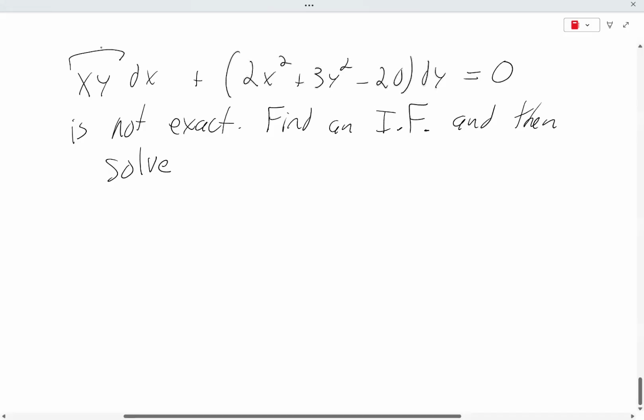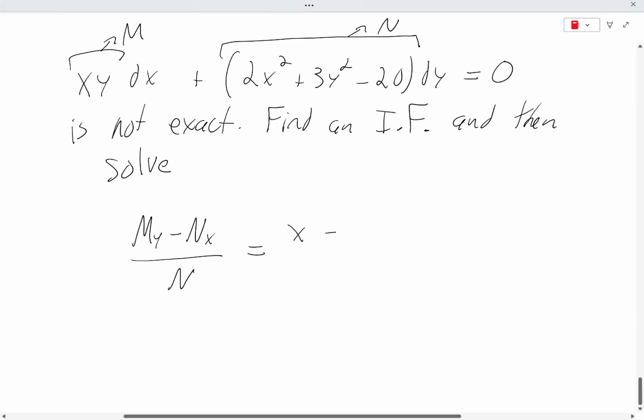Now just recollect, this is the M and this is the N. First thing, try to calculate M sub y minus N sub x over N. M sub y would be x, so that's x minus N sub x, which is 4x.